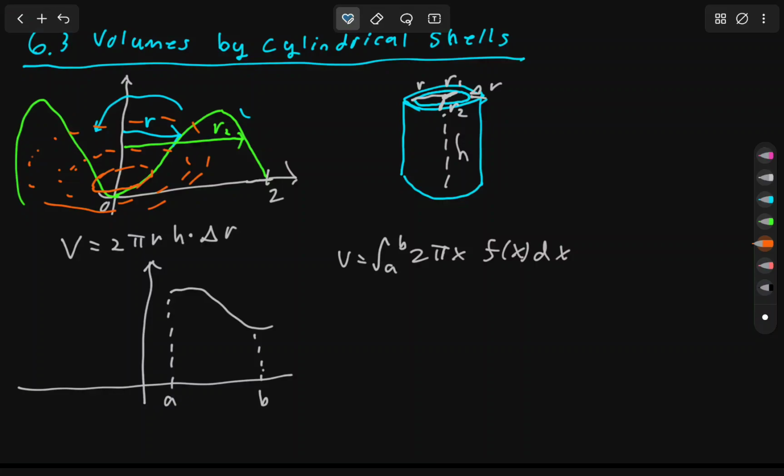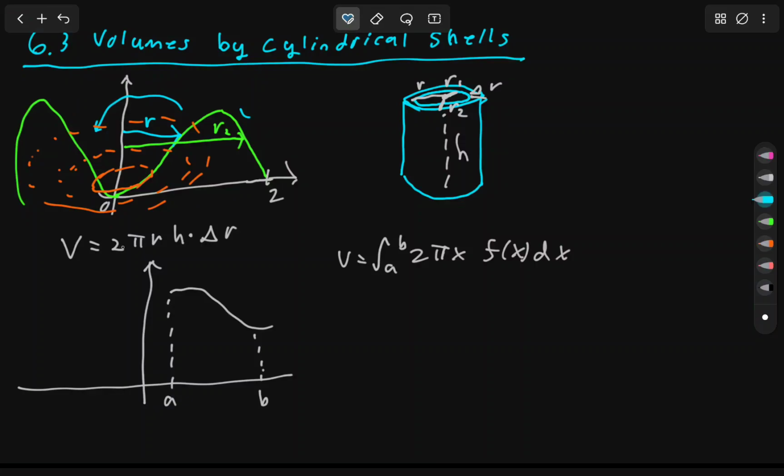Think of it like a Russian nesting doll. You're going to be putting a cylinder and a cylinder and a cylinder, and as the width of these cylinders with holes in the middle gets infinitesimally small, we'll be able to find an exact value for the volume.